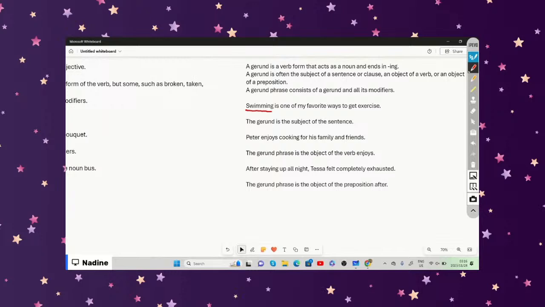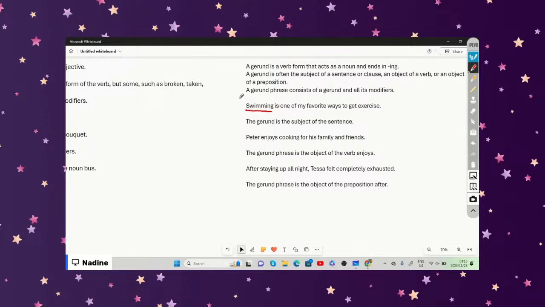Swimming is our gerund because here it acts basically as the subject, or it's often the subject of the sentence. And remember, we said a gerund is a verb form that acts as a noun and it ends in ing. So over here, it acts as a noun, it is a verb form, and it ends in ing.